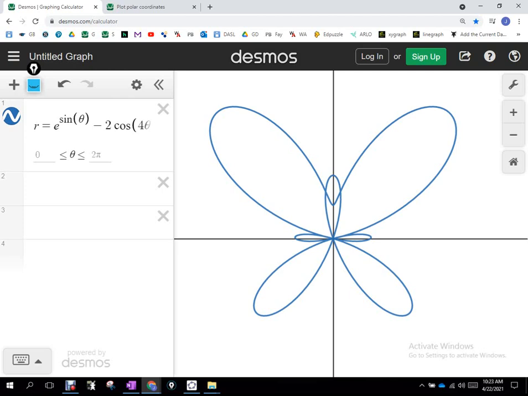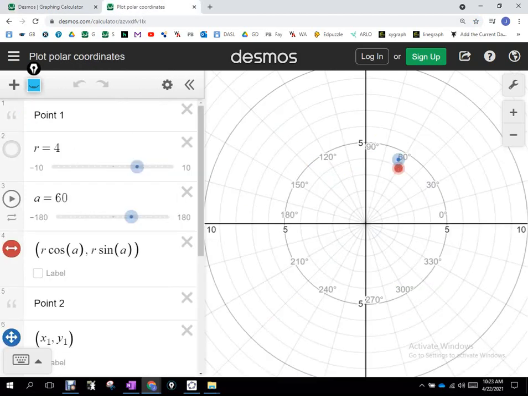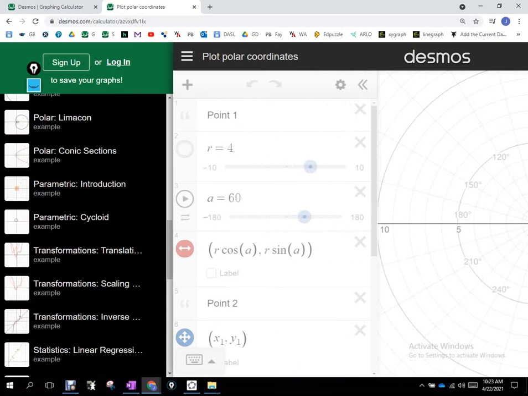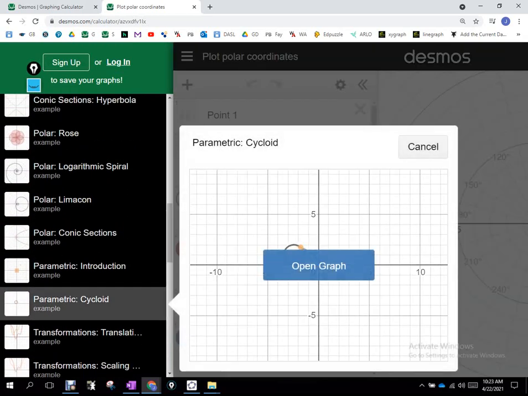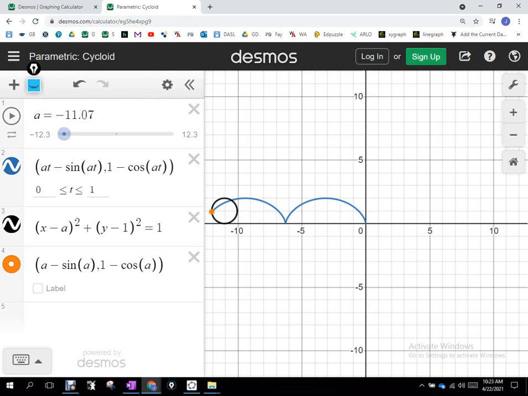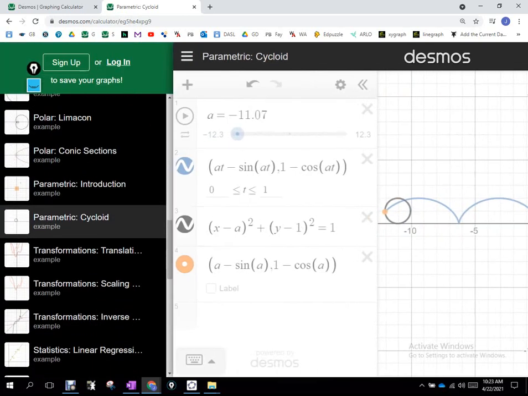See if I can give... I'm assuming Desmos is probably somewhere. Maybe it's already built in. See if we got anything parametric here. All right, and it's not written the way that I want it to be written.